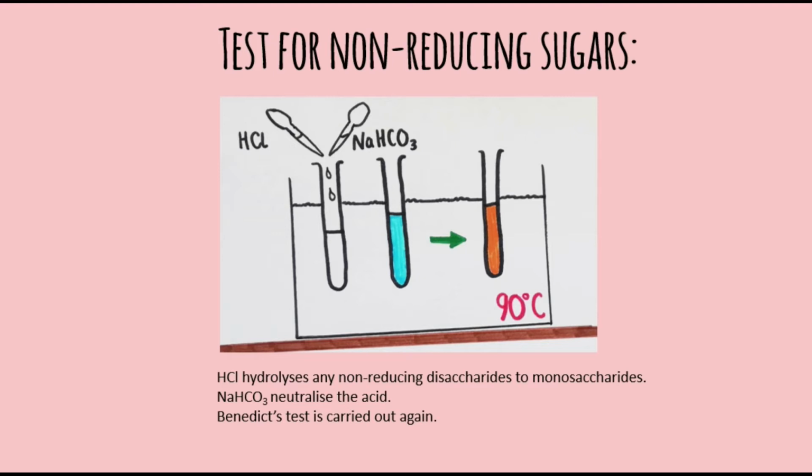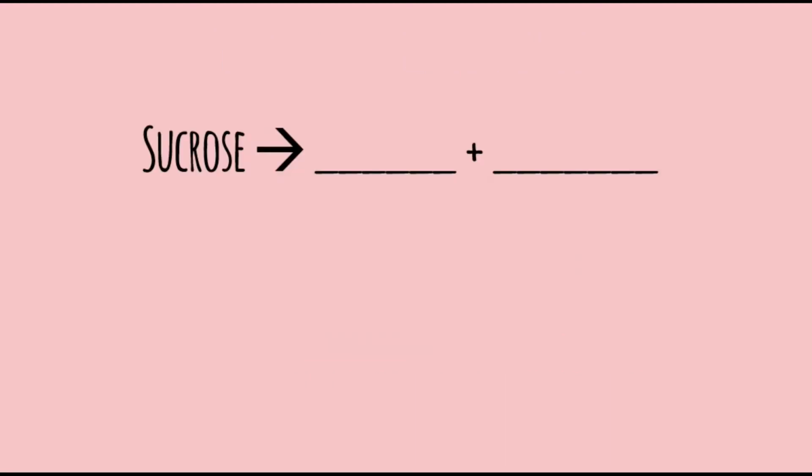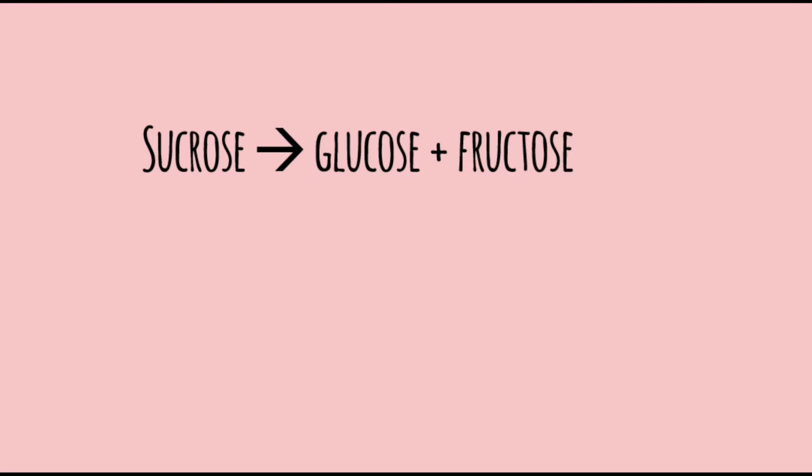So then we can carry out the Benedict's test just as before. If there had been any sucrose present, it would have been hydrolysed into... That's right, it would have been hydrolysed into glucose and fructose.